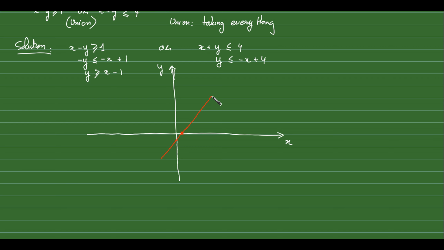There you go. So that's the first line, and it's a solid line because it's an equal sign. And this is greater than or equal, so we're going to shade everything above the line. So it will be this.